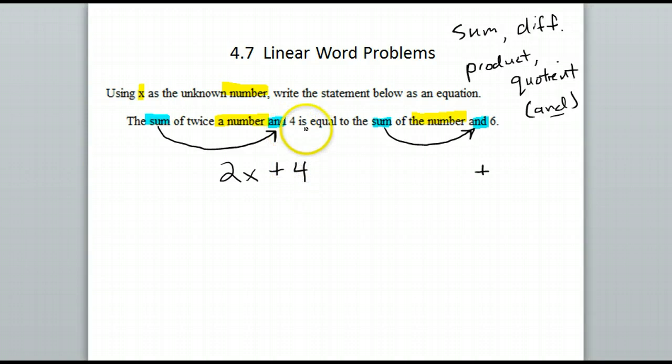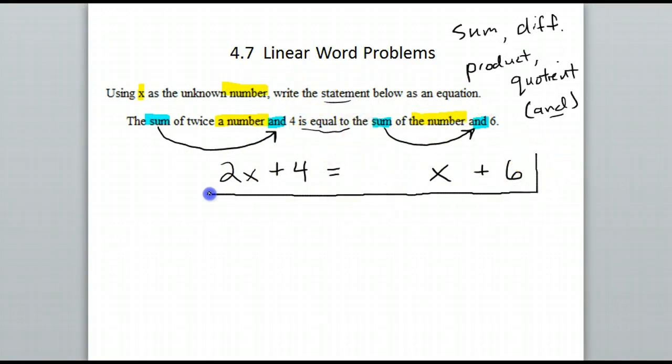So 4. And then obviously is equal to means that. The sum of, there's again the number, that's x and 6. So there's how this thing would translate. Now all we have to do here is just write it as an equation. So we're done once we've got it translated.